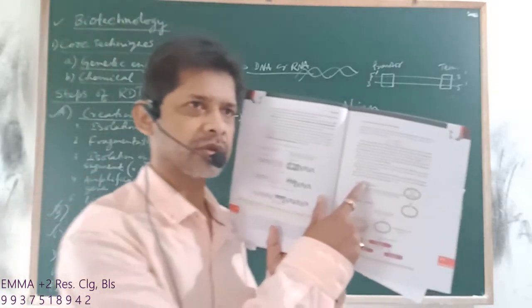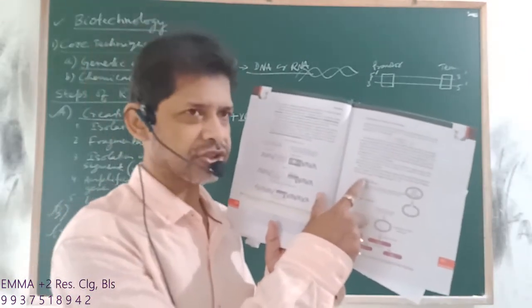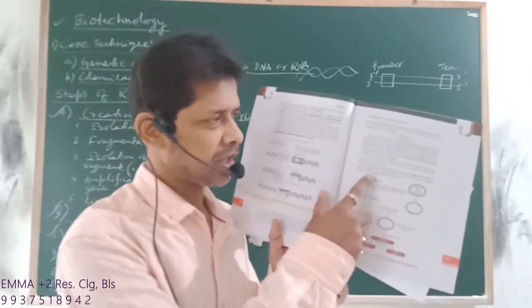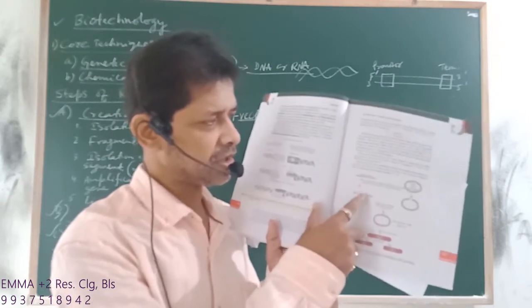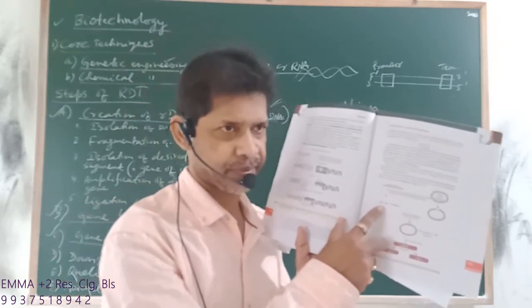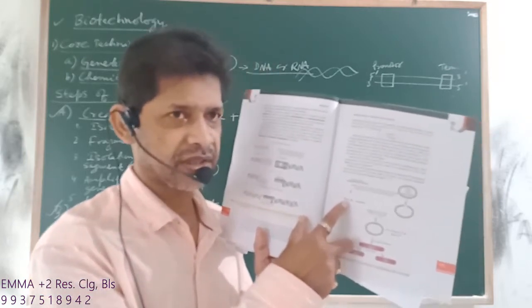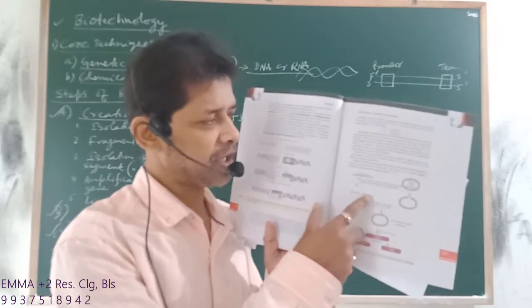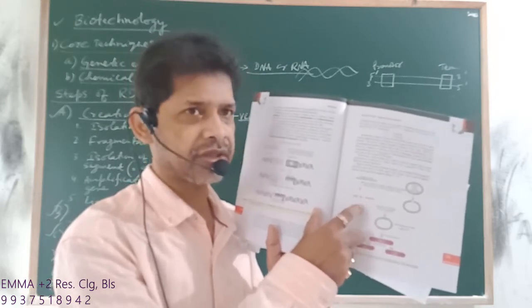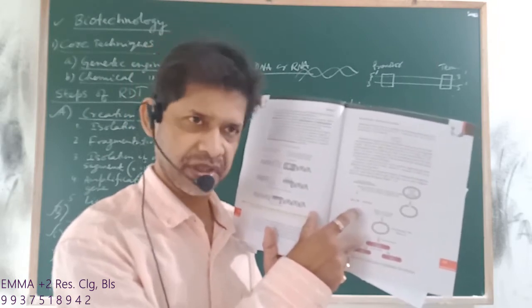This chromosome contains the insulin gene. So after isolation of DNA, what have we done? We fragmented the DNA into segments. This also involves some enzymes, that is restriction endonuclease. From these fragments, we selected the DNA fragment that is the gene of interest.